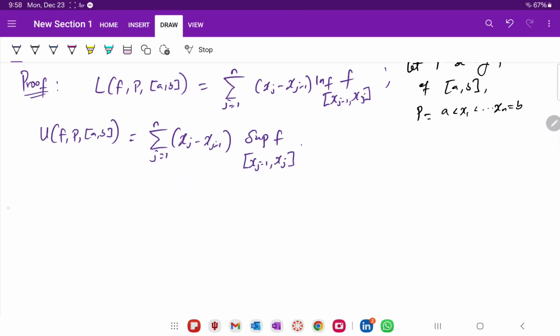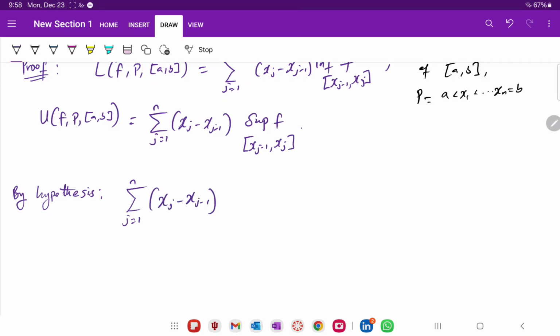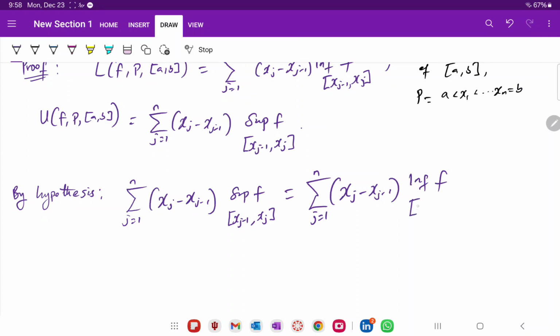So by the given hypothesis, we have the summation j equals 1 to n of (s_j minus s_{j-1}) times the sup of f over [s_{j-1}, s_j] is equal to the summation j equals 1 to n of (s_j minus s_{j-1}) times the infimum of f over [s_{j-1}, s_j].